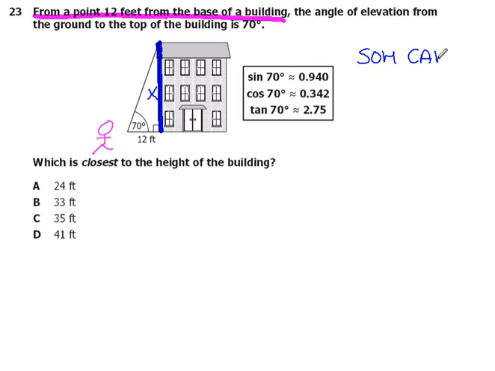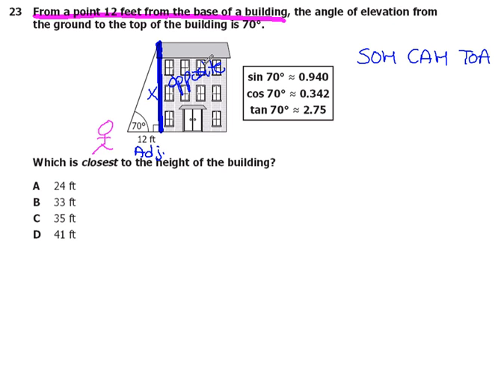SOH CAH TOA. One of those three trig ratios will allow me to solve this problem. Based on where the 70 degrees is, what are the relationships between the 12 feet and the x? Now, 12 feet is adjacent to 70 degrees, and the side x is opposite 70 degrees.